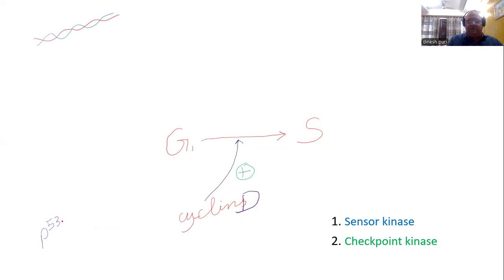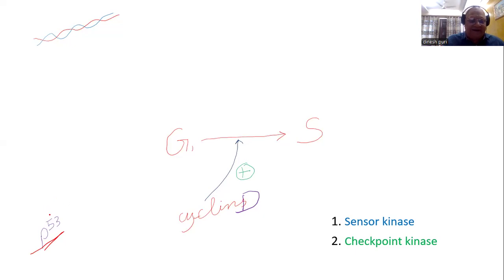Now we come to the second anti-oncogene. The first one we have discussed, retinoblastoma protein. Second one is P53. तो आपको याद होगा, P53, that was guardian of the G1 checkpoint. This is guardian of the genome.